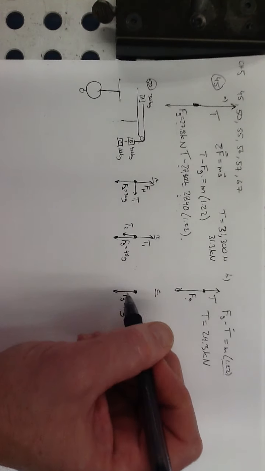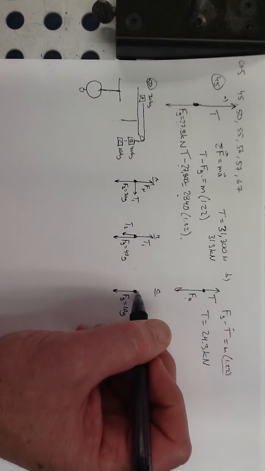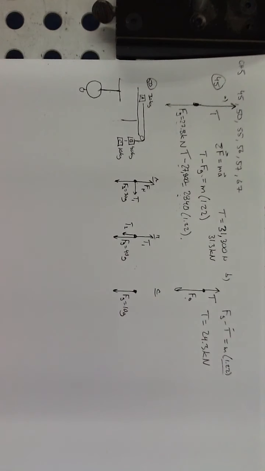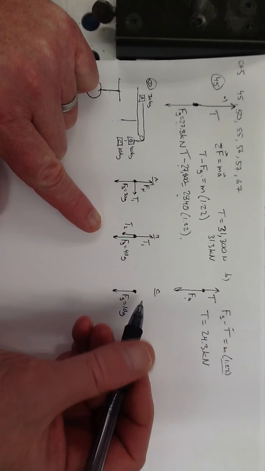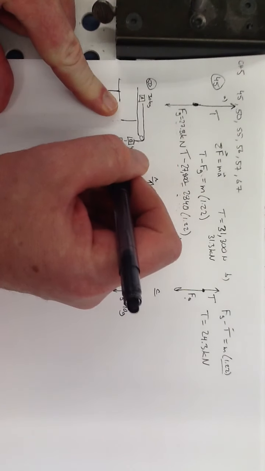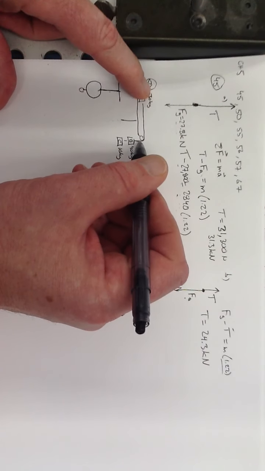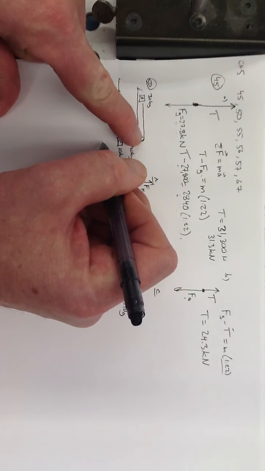Should I make T2 bigger, smaller, or equal to, or do I not know? Pause for a second, just make sure you understand how to deal with that question. When this is released from rest, since there's no friction here, it's definitely going to start accelerating like this.